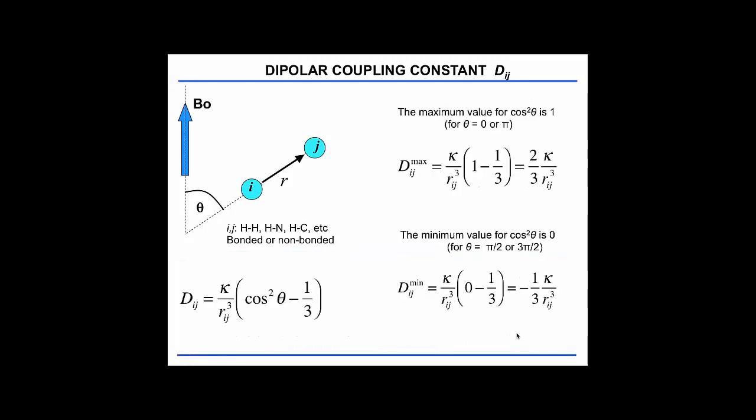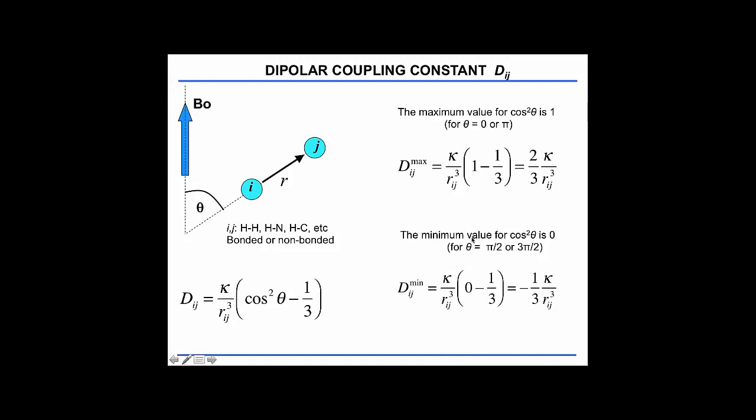So let's move forward, and let's analyze the values of the dipolar coupling with respect to the angle. For example, the maximum value for cosine square of theta is 1, when the angle theta is 0 or pi. So that means when it is parallel to the magnetic field. So cosine square is 1, so then the D maximum is 2/3 of K over the distance of the internuclear vector cubed.